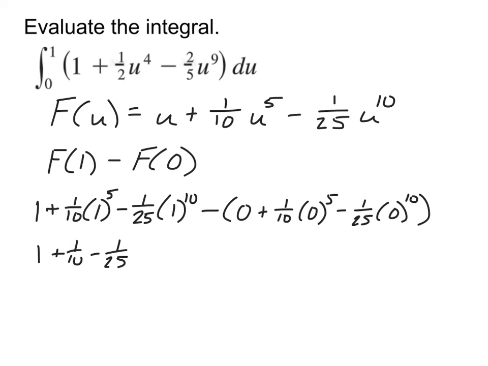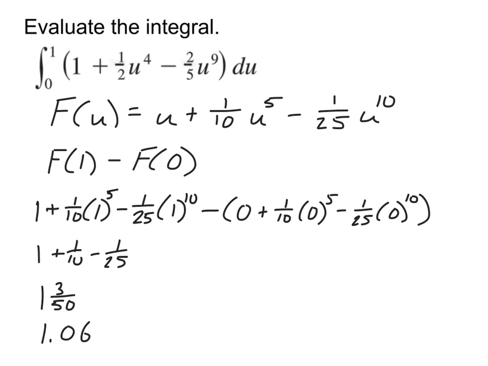And then go ahead and figure out what that equals, either as a fraction or as a decimal. Either one would be fine. You should get as an answer 1 3/50, or if you went into decimal, that would be 1.06. Either way is fine.